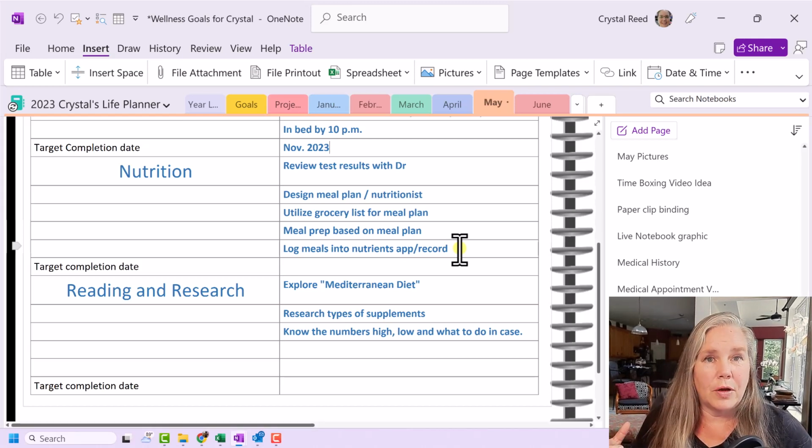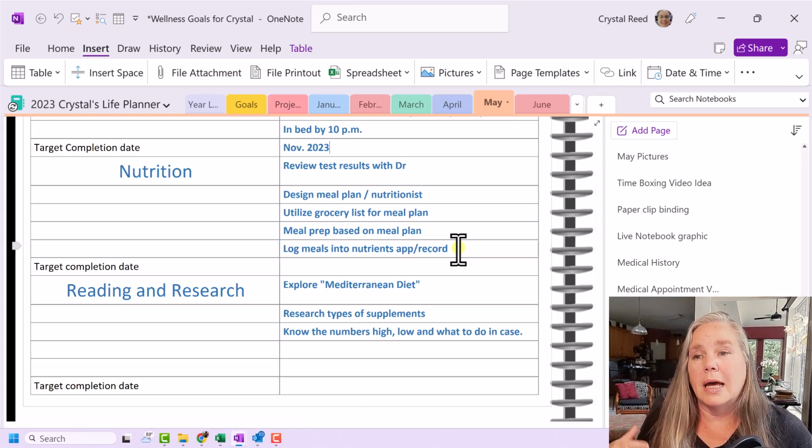If I eat oatmeal for breakfast, I know what that looks like. So I don't record them every single day, but as I add new meals into my meal plan, I will log those so that I understand the nutrients and stuff that are coming about from that particular meal.